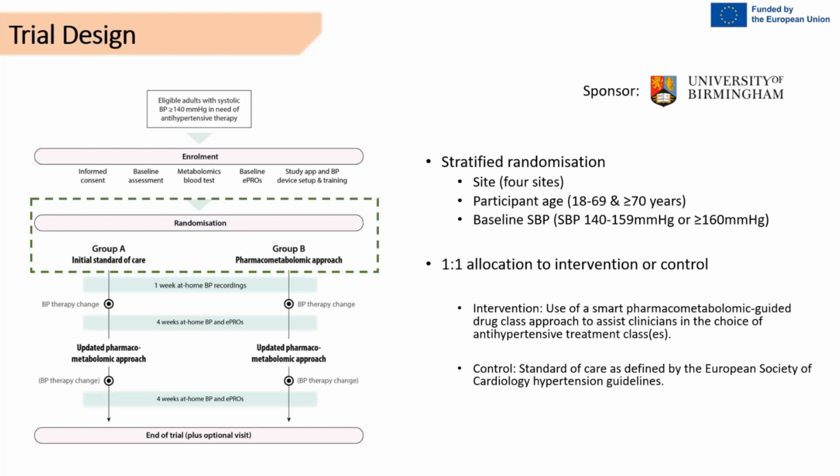Standard of care aligns to the 2024 European Society for Cardiology guidelines on management of elevated blood pressure and hypertension. And the intervention, which Animesh just discussed, with some of the modeling that's gone into that, provides person-specific drug class decision support that clinicians may then utilize when making their own choice of a blood pressure lowering medication.